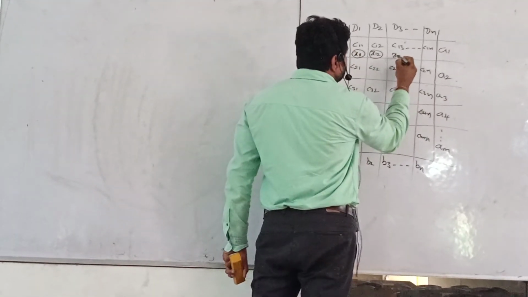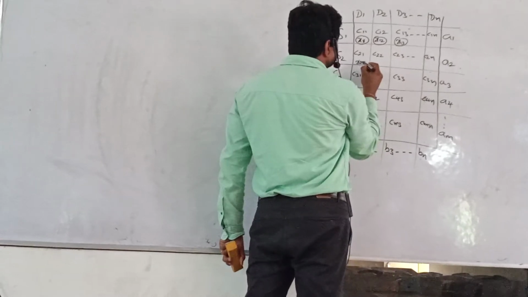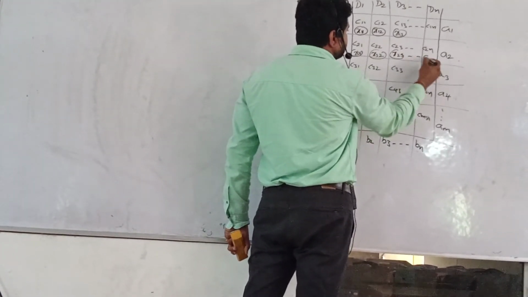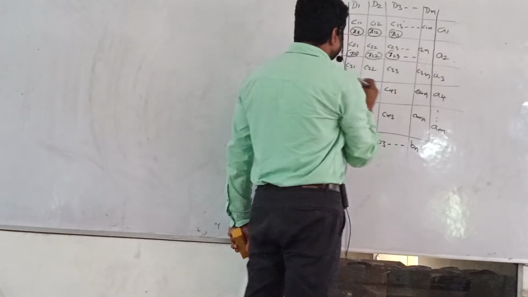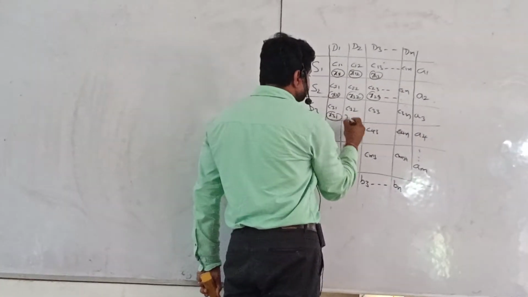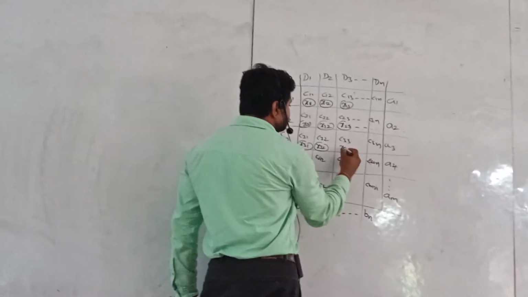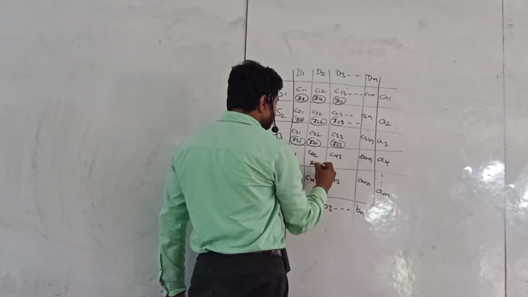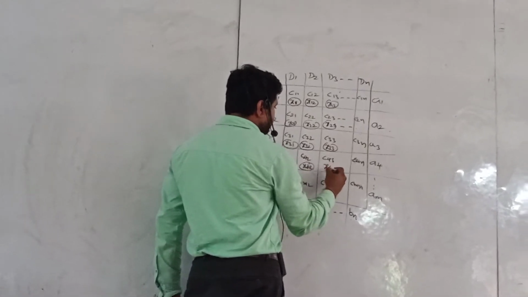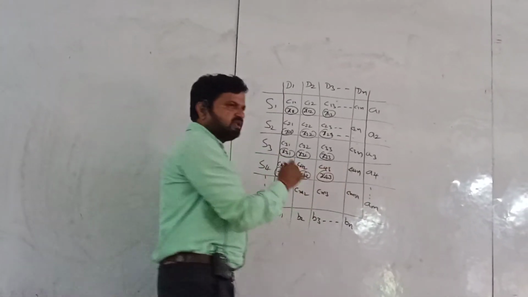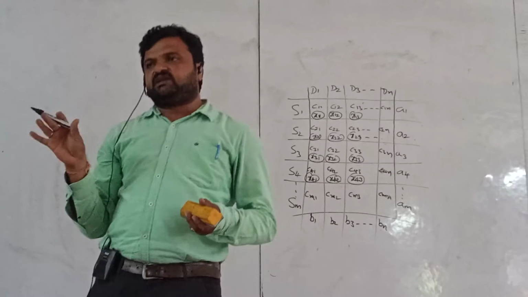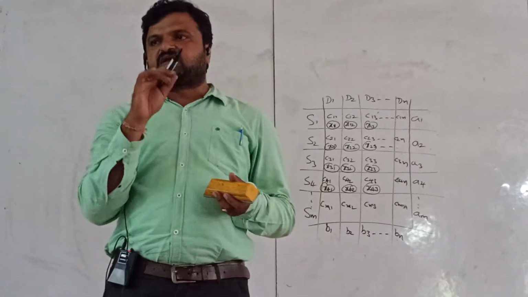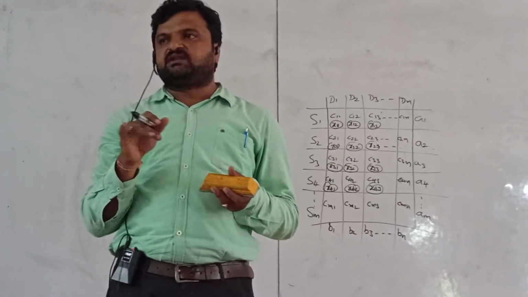Similarly, we can write X13, X21, X22, X23, and so on, X2n, X31, X32, X33, X41, X42, X43. Whenever you circle a cell, that is an allocated cell. For a non-allocated cell we give a cross mark. Cross mark means not allocated cell.